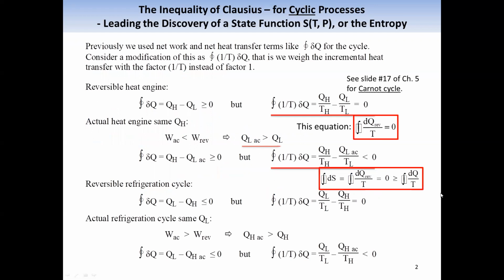Now let's talk about the inequality of Clausius. These equations are derived from the analysis of cyclic processes, which leads to the definition of entropy. There are 4 blocks of equations on this slide. The first 2 focus on heat engines.